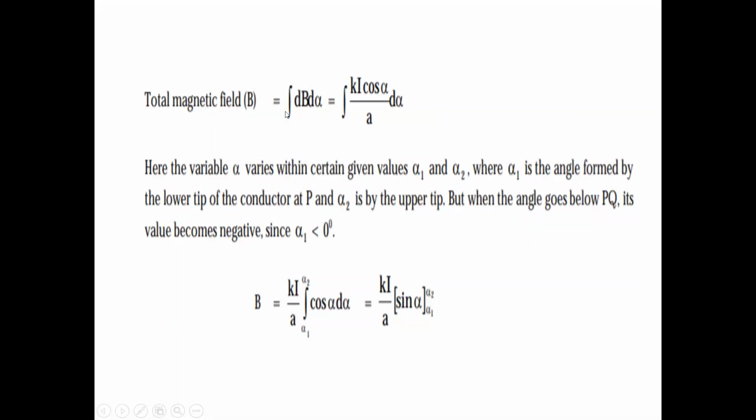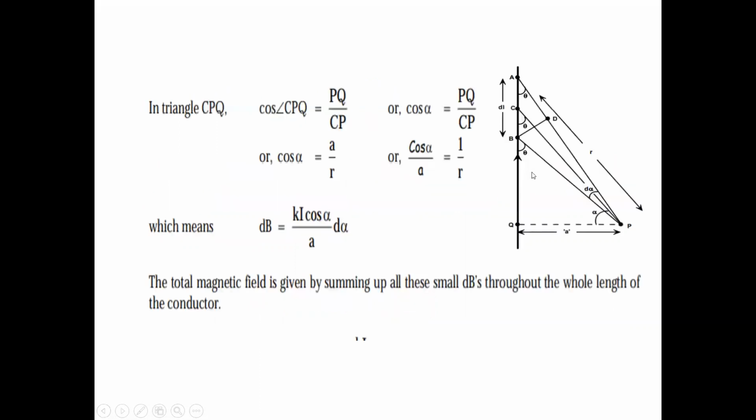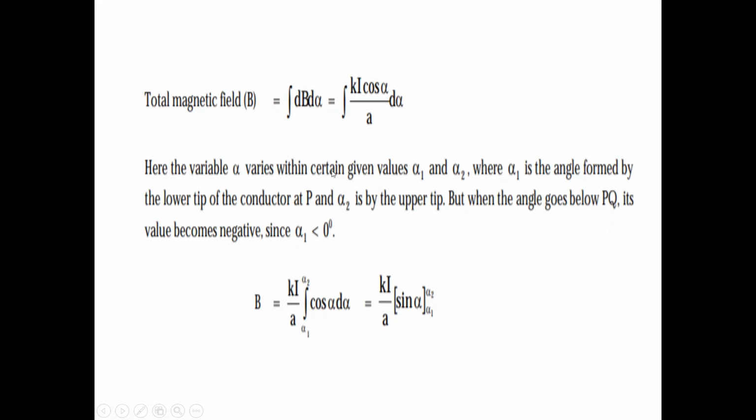So the integral of dB is equal to the integral of K i cos alpha by A d alpha. First of all, what is alpha? This is the alpha. Alpha is the angle, and alpha varies between alpha 1 and alpha 2 values. What are the alpha 1 and alpha 2 values?